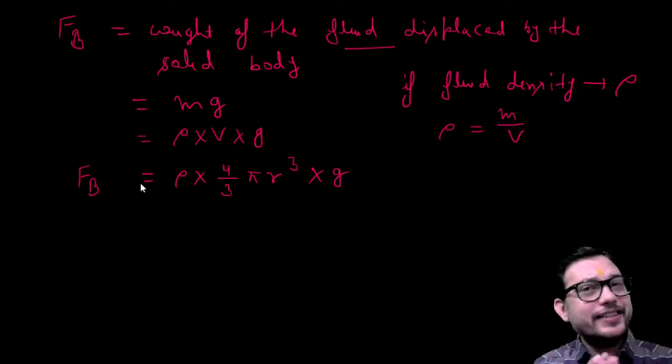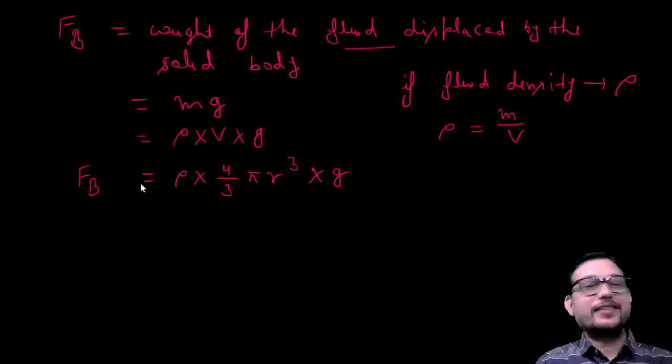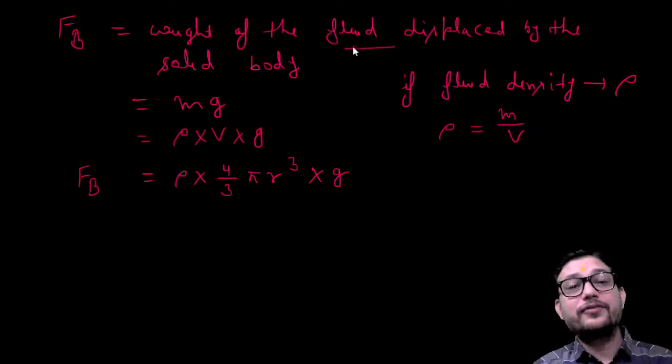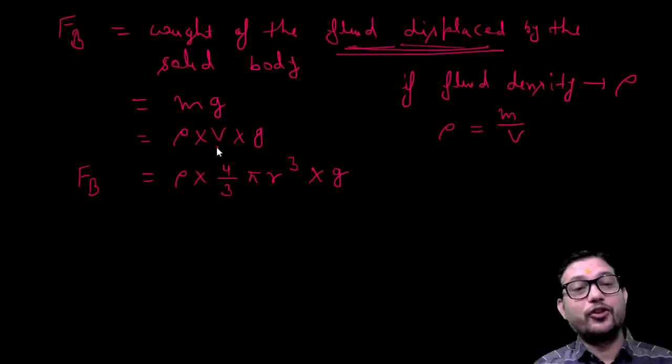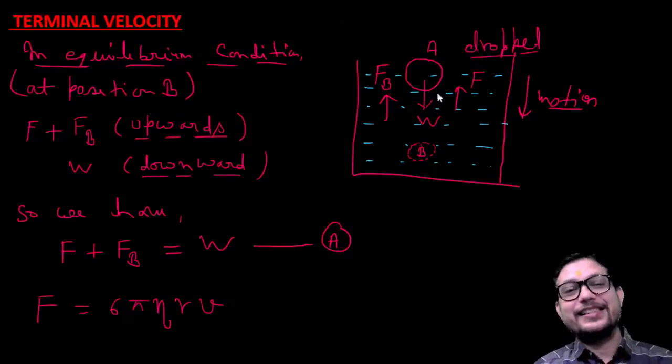Now one question is obvious, there is a confusion among the students that we are talking about the weight of the fluid displaced, but we take the volume of the body. And why? You can easily see in this diagram that whatever the volume of the solid body, the same volume must be displaced by that body.